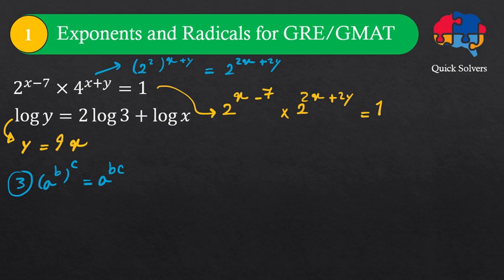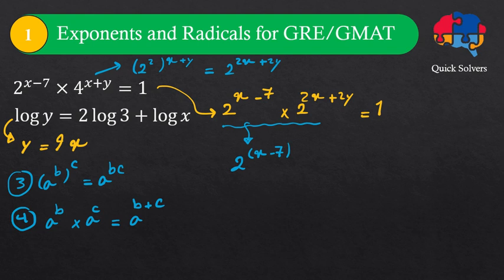And the fourth rule says that if we have a to the power of b times a to the power of c, then I can just write one of the bases and sum up the exponents, b plus c. I can apply it here and write this as 2 to the power of x minus 7 plus 2 times x plus 2 times y. And I can write this one as 2 to the power of 0.